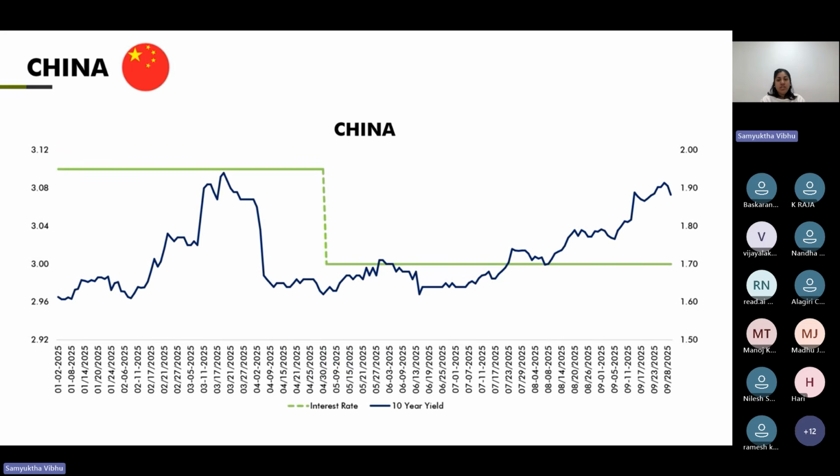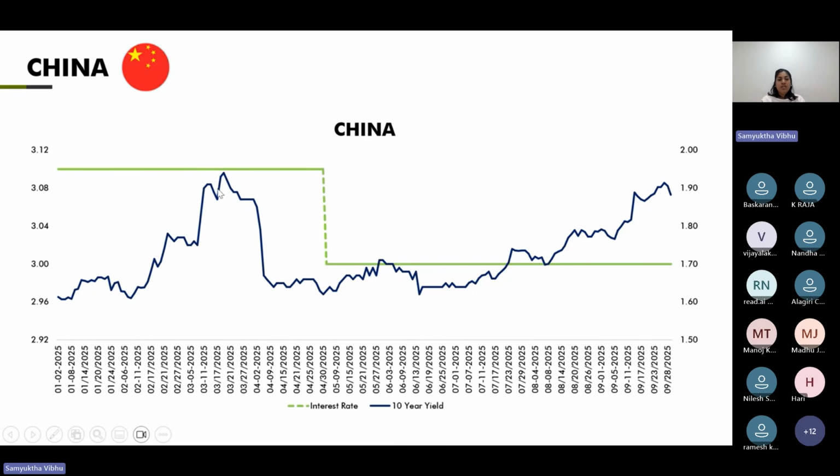Now moving on to China. We had interest rates at roughly 3.1%, and then you had a 0.1% drop in interest rates. This is charted on the left y-axis. Here again, you've seen that yields actually went up and reacted in advance to the rate cut, and now they've climbed back up again.